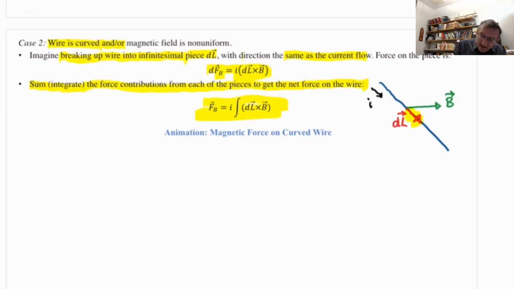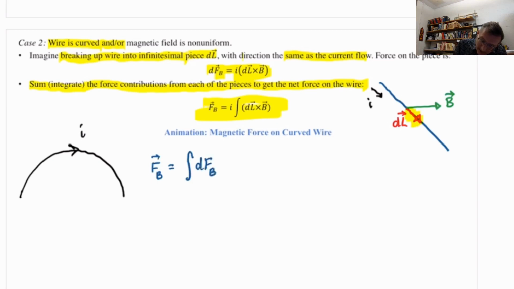And so what we're saying is, for that semicircular arc, the current I flowing around clockwise, I have to break it up into little pieces, dl, find the magnetic force dFb on each piece, and then to get the total magnetic force, FB arrow, I have to add up, i.e. integrate, all the dFb's.